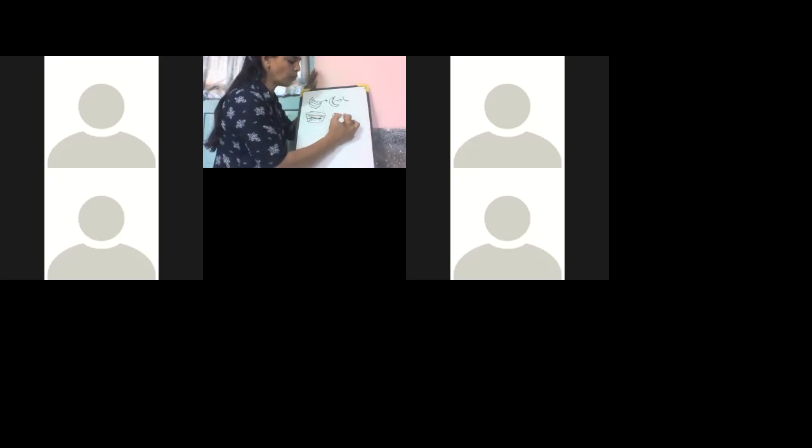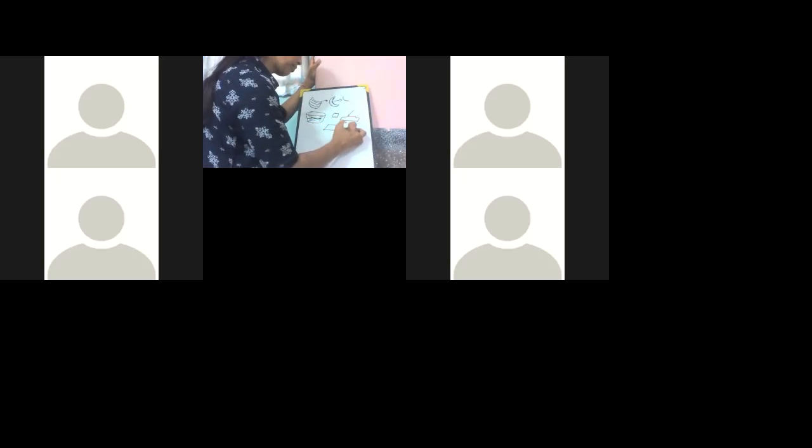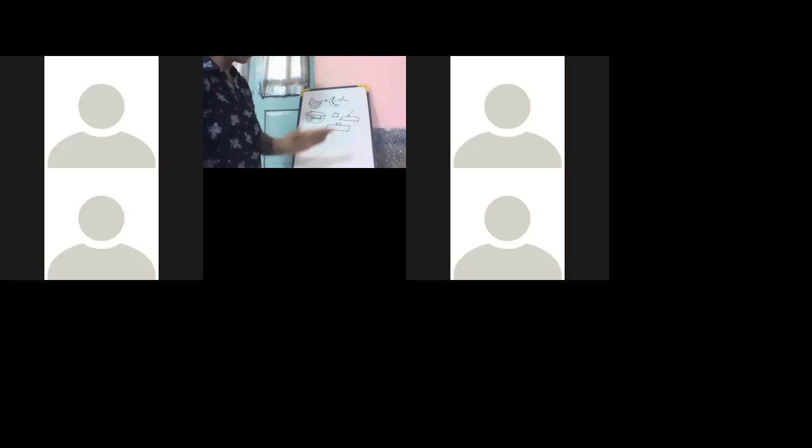Put one drop of water on the slide through the dropper. After that, place this membrane on it and cover it with a cover slip. This is all the activity which we have to do in our practical in our lab.